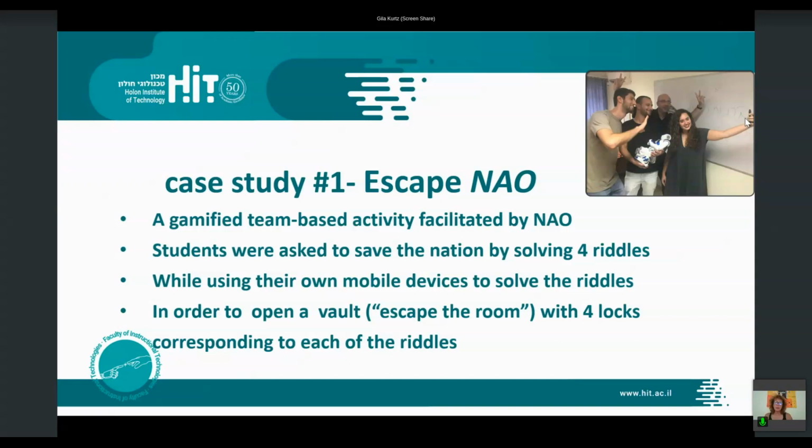So what we did, we took a game called Escape Now, which is relatively well-known all over the world, and we changed the rules to be facilitated. The topic was history of the nation, and the students were asked to save the nation by solving 4 riddles.